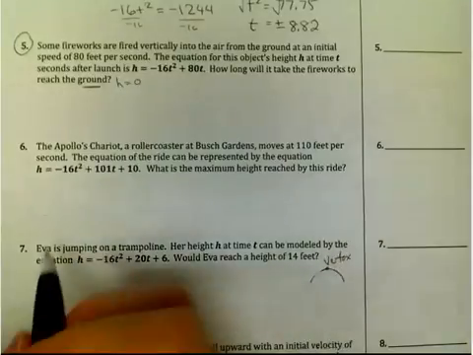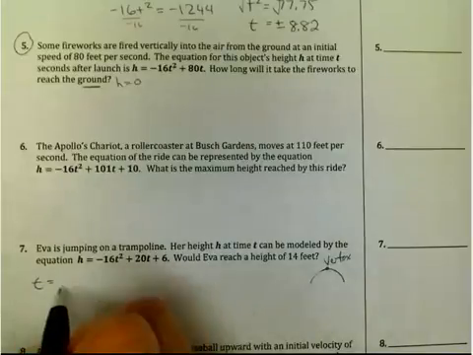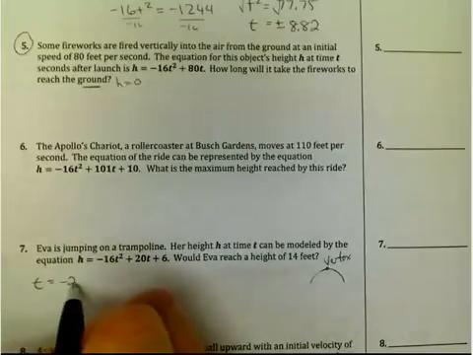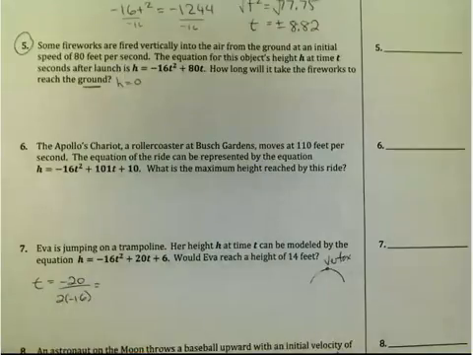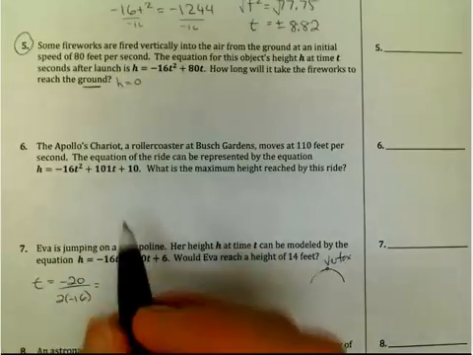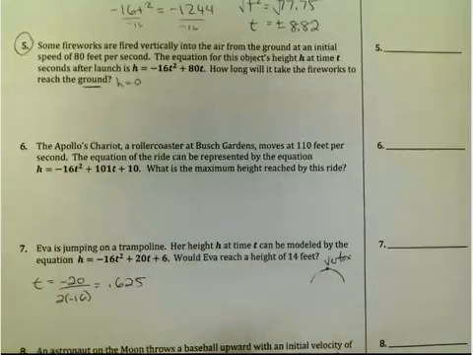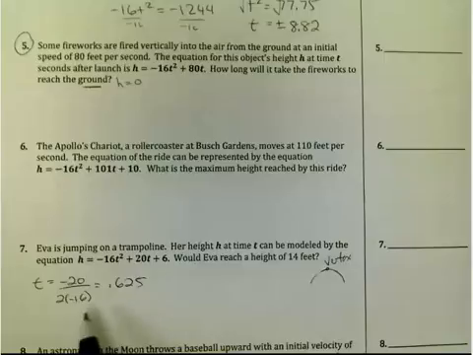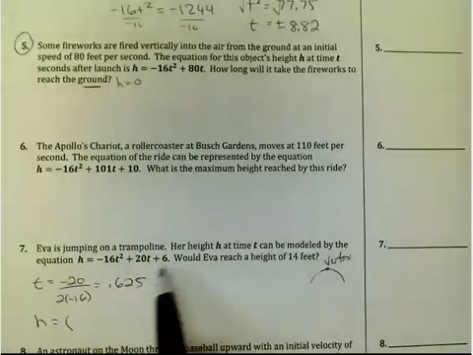So to find the vertex, I'm going to find my axis of symmetry again. So I have t is equal to negative b, which is negative 20, over 2 times a, which is negative 16. That's going to simplify to 0.625. And now, knowing that this is my vertex or my maximum height, I want to substitute this t in wherever I have a t in my equation.